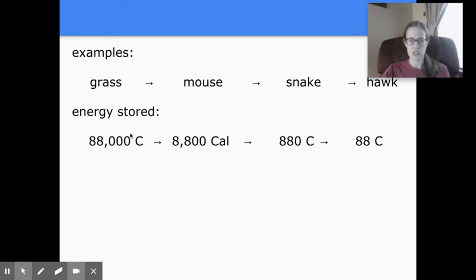All right, so you drop a zero every time, and you see that as you go down a food chain, you get less and less energy stored in each successive trophic level. That's the reason why trophic or food chains can only be so many trophic levels long, usually like four to six trophic levels long, because the energy gets less and less as you go down the food chain.